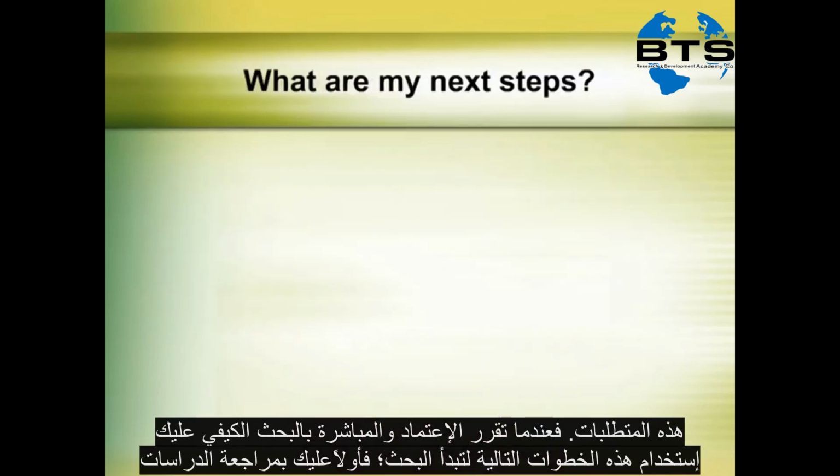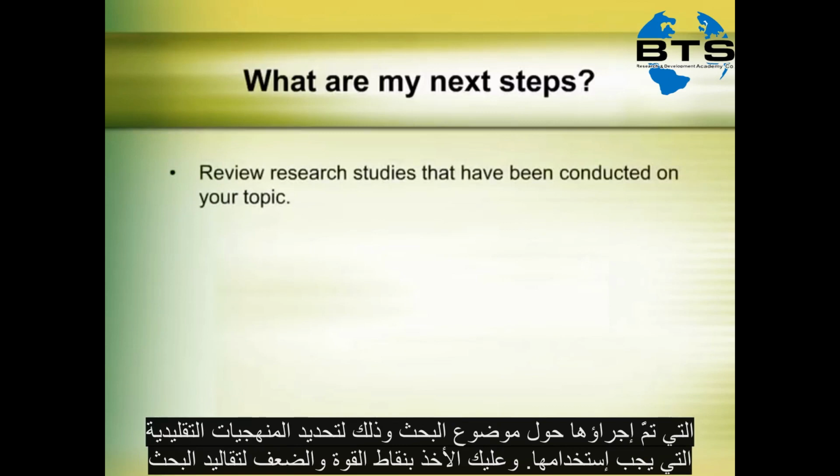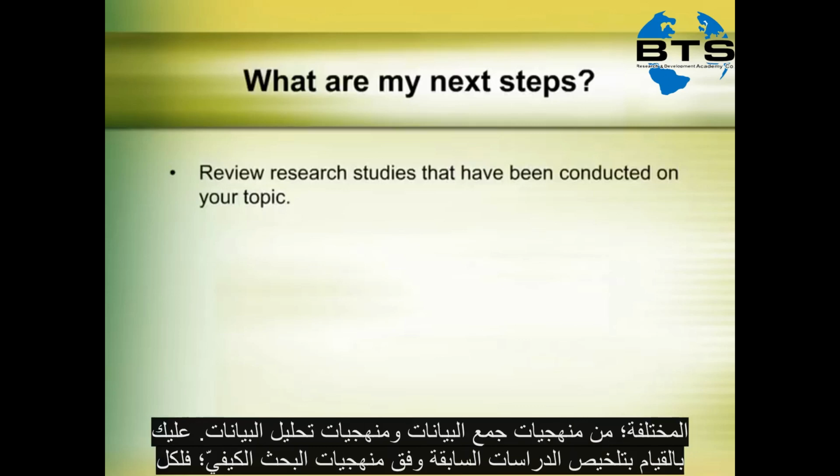Once you have decided to embark upon the process of conducting a qualitative study, use the following steps to get started. First, review research studies that have been conducted on your topic to determine what methods and research traditions were used. Consider the strengths and weaknesses of the various research traditions, data collection methods, and data analysis methods.